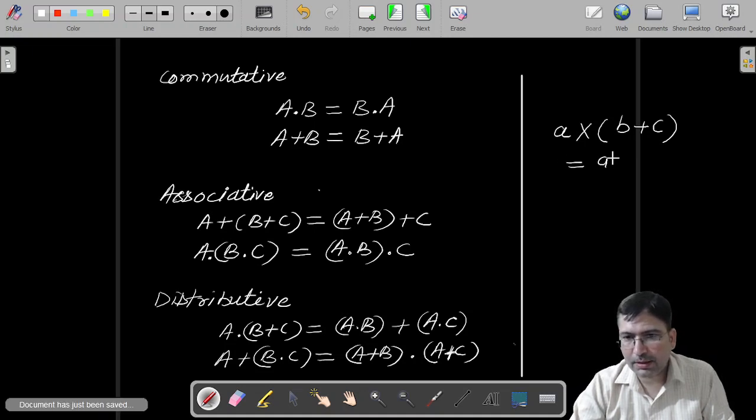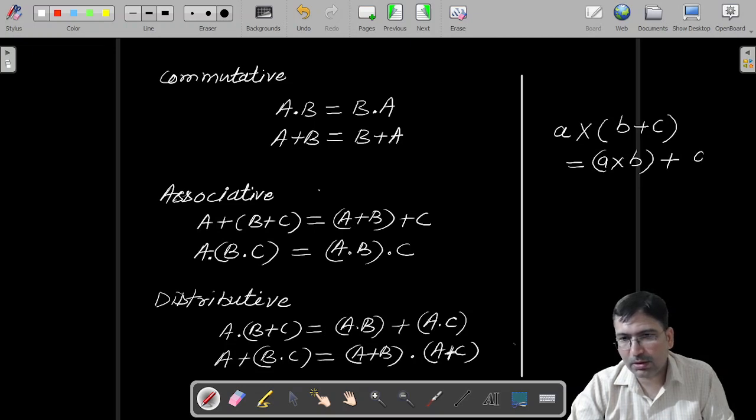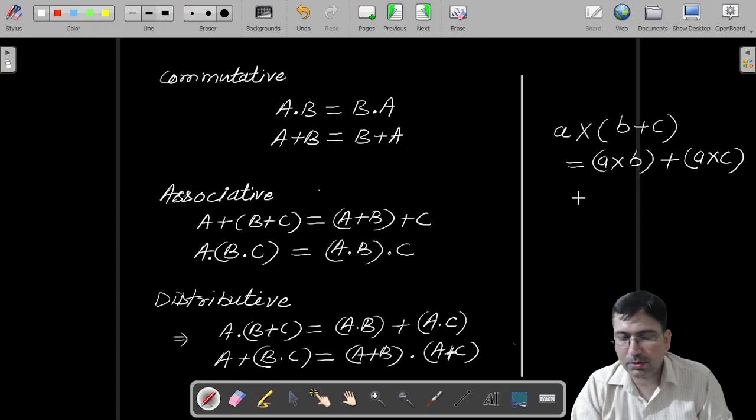So we can write it like a multiplied by b plus a multiplied by c. That's not a problem, like we are doing here in the Boolean logic also.